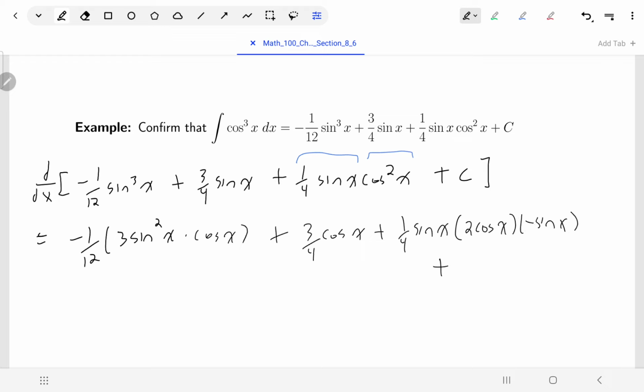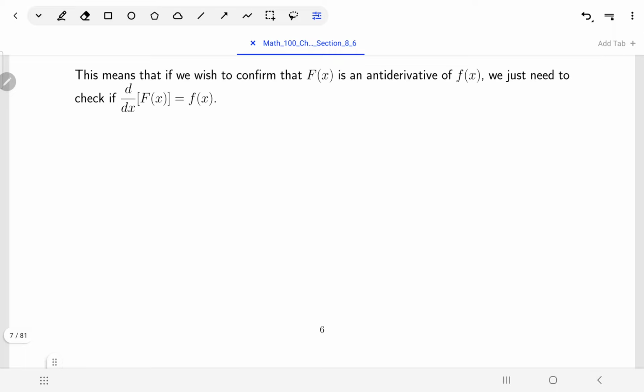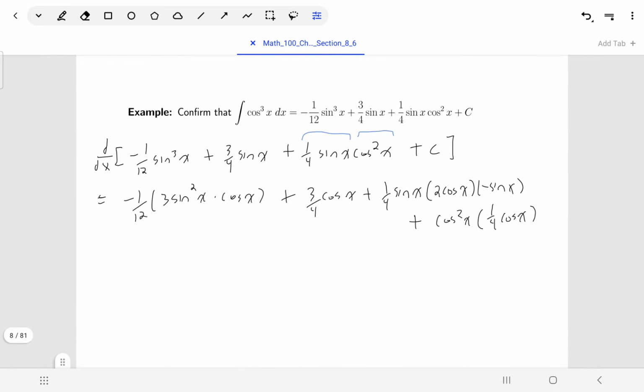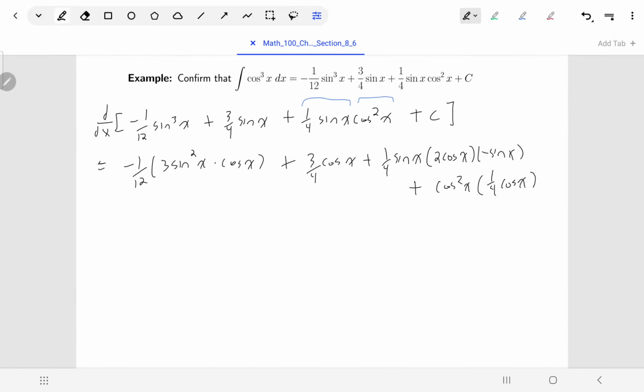And then plus the second thing as it is, cosine squared, times the derivative of the first, and the derivative of 1/4 sine is 1/4 cosine. So far it does not look like cosine cubed, but that does not mean that we're wrong. It just means that maybe there's some more simplifying that needs to happen here.